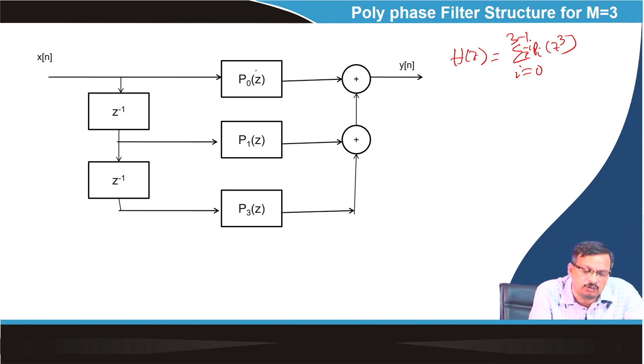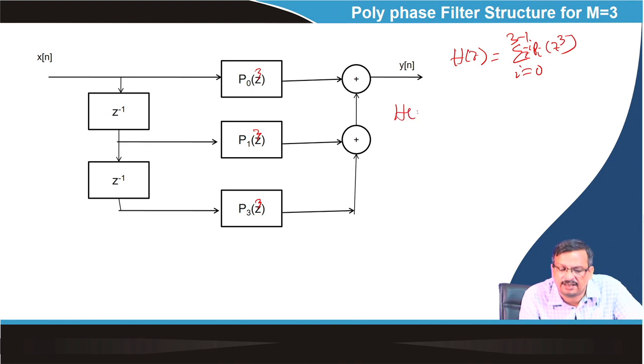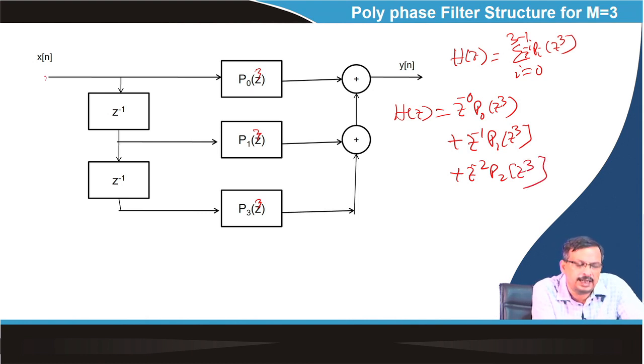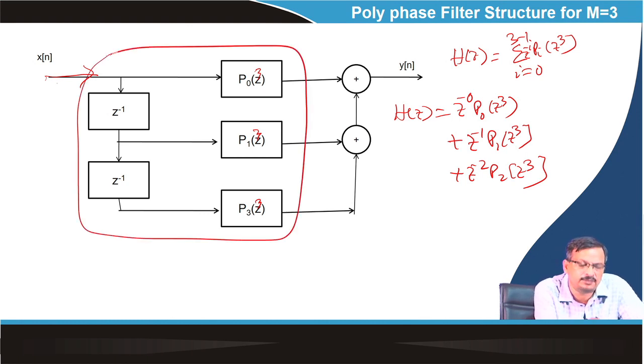So there will be z cubed. So H(z) is nothing but z to the power minus 0 p0 z cubed plus z to the power minus 1 p1 z cubed plus z to the power minus 2 p2 z cubed. So how do I implement it? This is x of n, and this is my H(z).